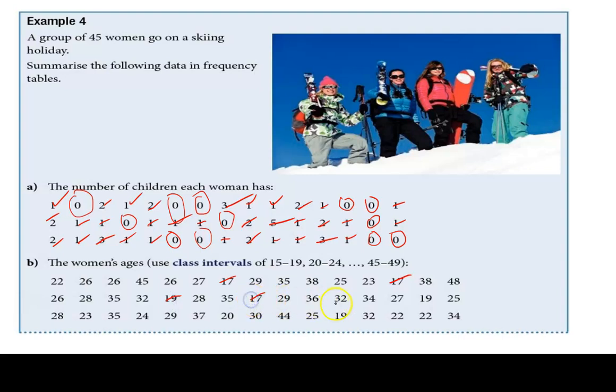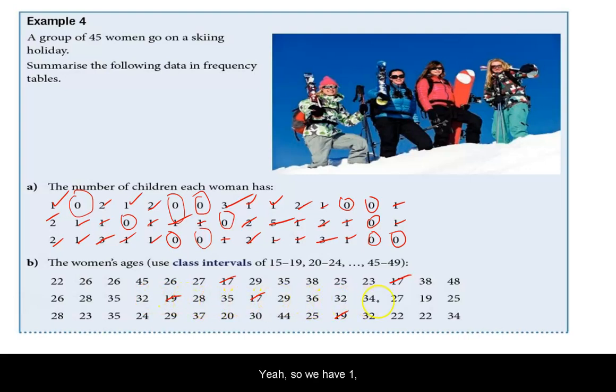So how many did I get? 1, 2, 3, 4, 5. Check well. 22, 26, 48, 26, 28, 29, 19.